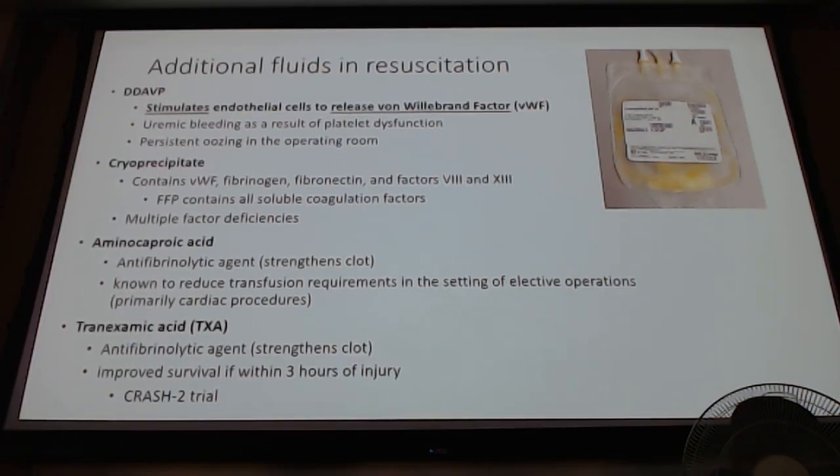Okay, cryoprecipitate has a bunch of those clotting factors: von Willebrand, fibrinogen, fibronectin, factors 8 and 13. Basically, a lot of factors. Okay, if they're low, we can give them this, and it'll help boost them. So like their platelets are fine, but they're still oozy. We can give this.